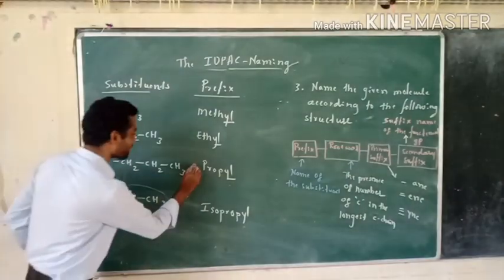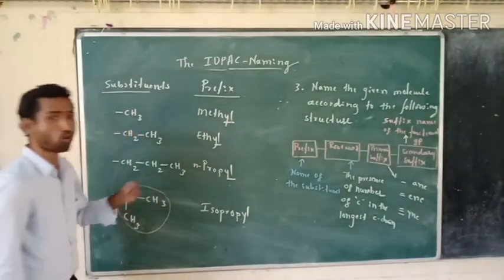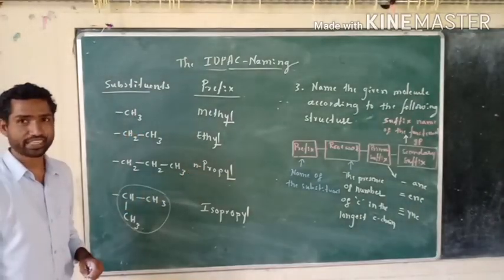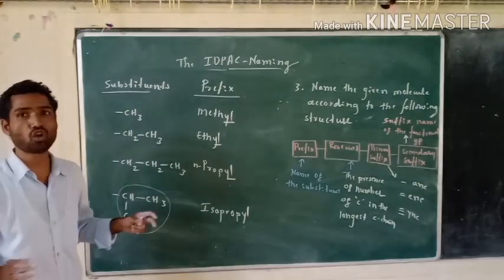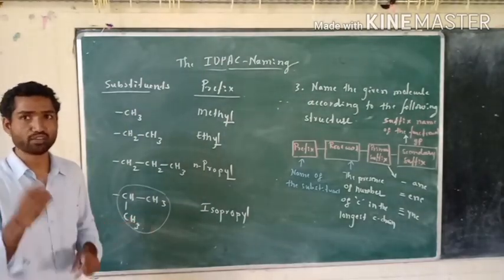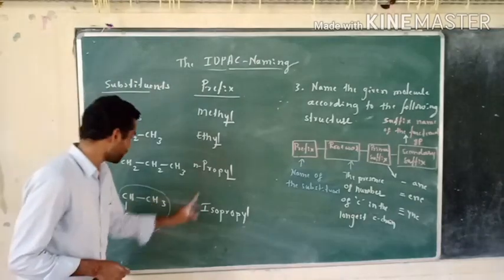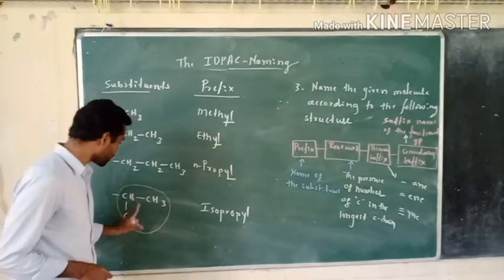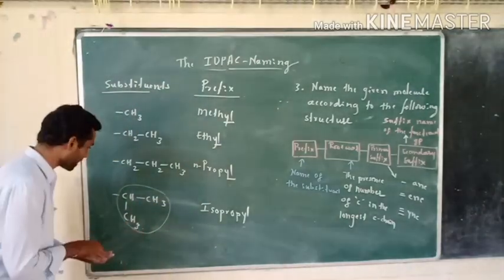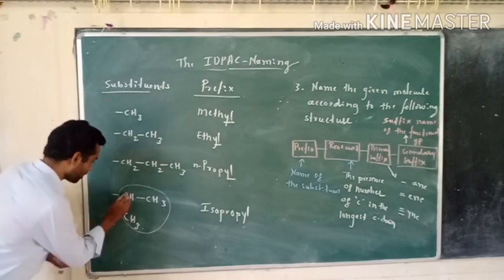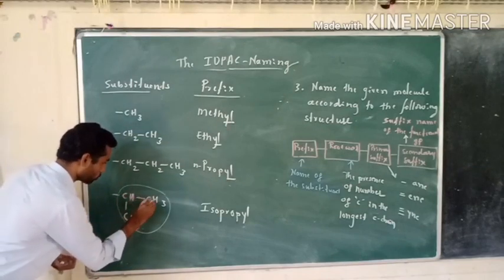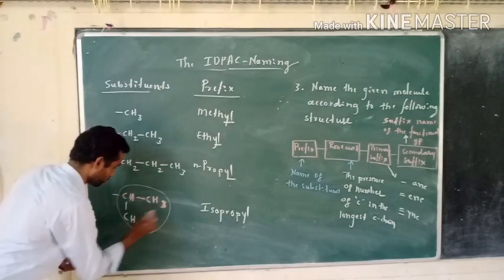This one is also known as N-propyl. N means the long chain. It does not have any branches. Right. So in this case, iso means what? Such type of group should be there. So remember, this type of groups should be there in that molecule.